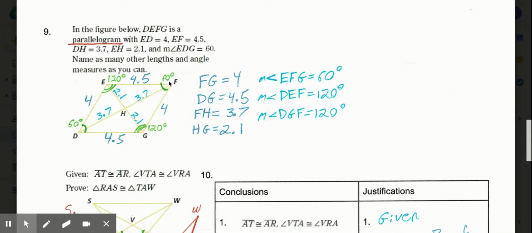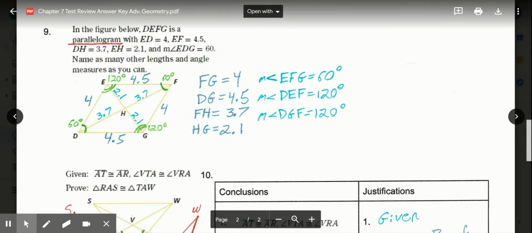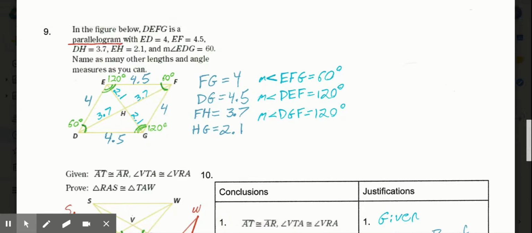And then we know that consecutive or adjacent angles are supplementary, meaning they add to 180. So if I do 180 minus 60, I know this bottom right angle of angle DGF and this upper left angle of DEF are both 120 degrees.